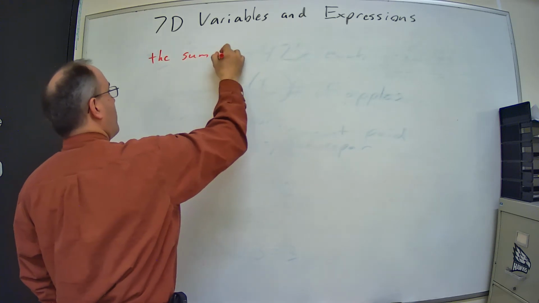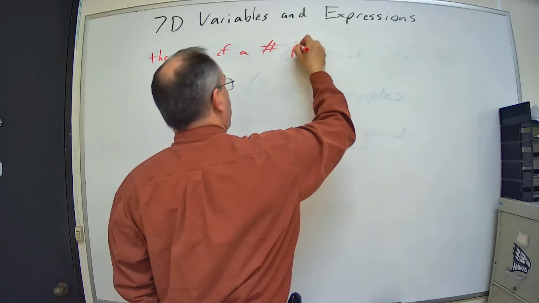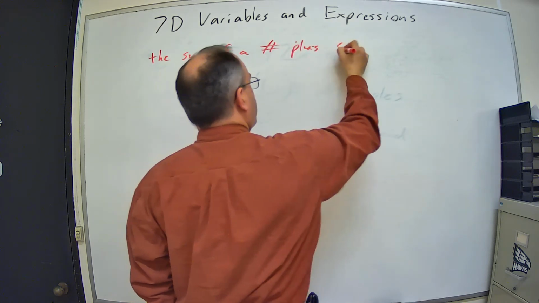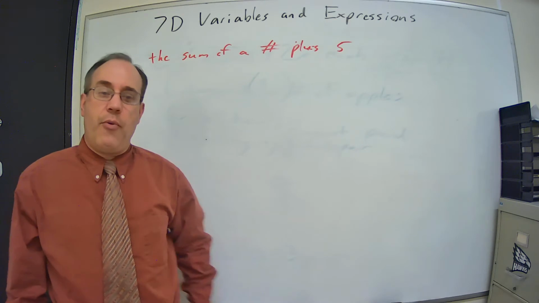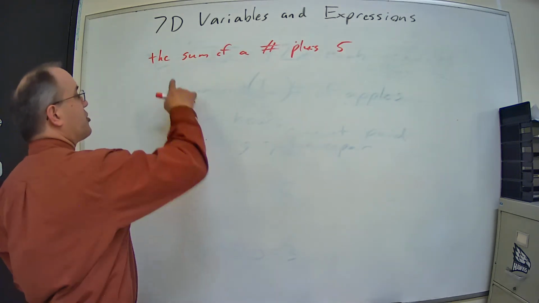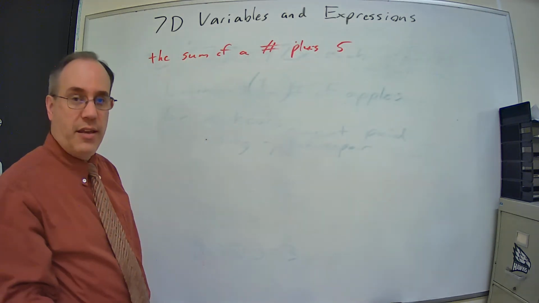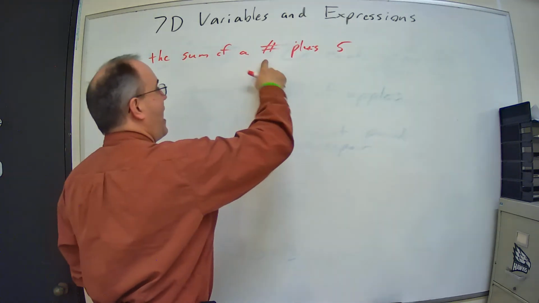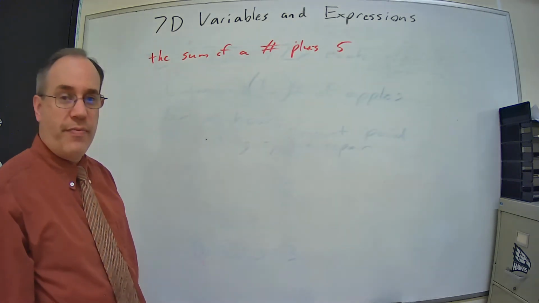The sum of a number plus 5. So that's in words. If I want to turn that into an algebraic expression, the sum of a number plus 5, sum tells me I'm adding a number to the number 5.